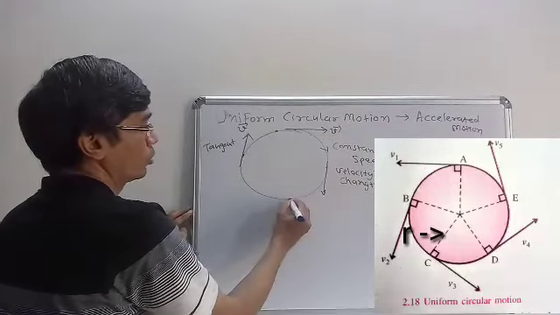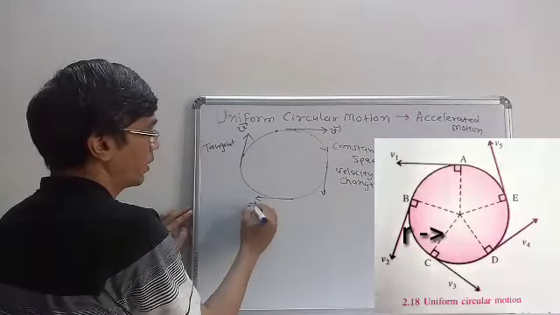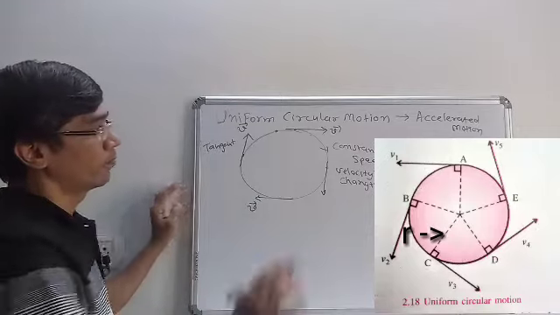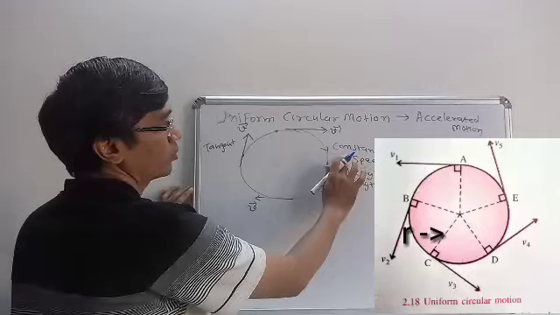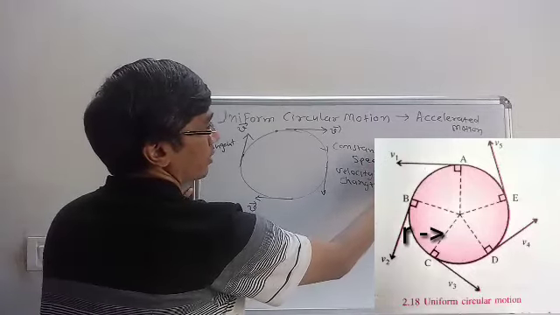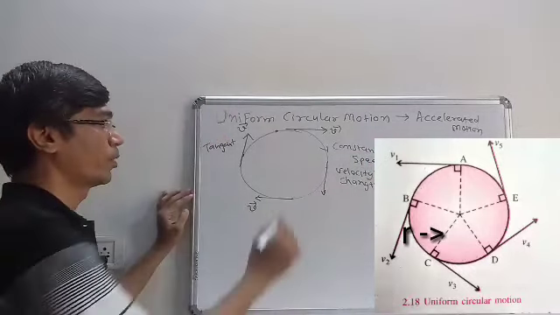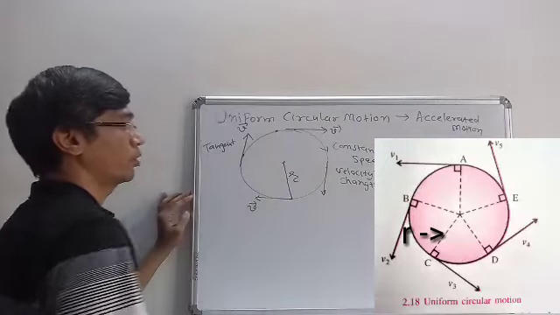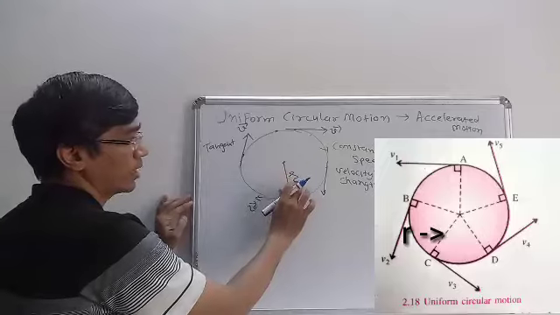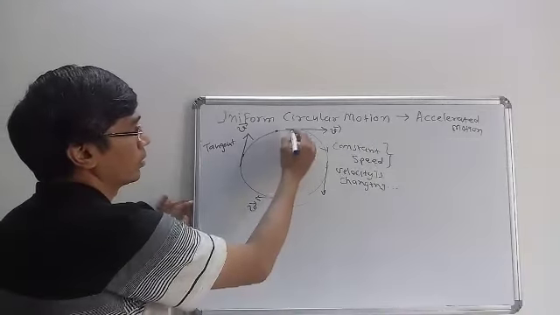So at each point the velocity is going to change but the value of the velocity is not changed, and the value of the velocity is the speed, and the speed is constant.